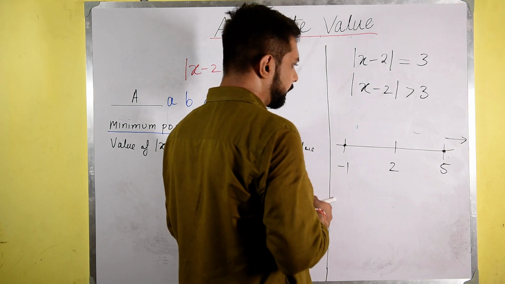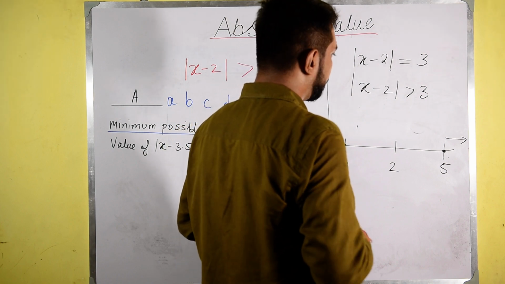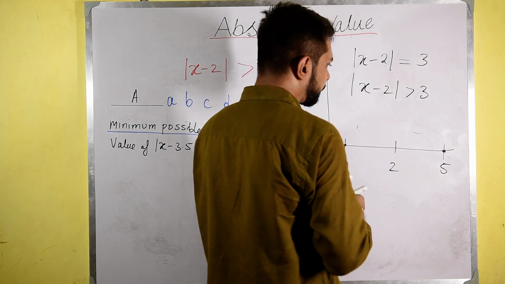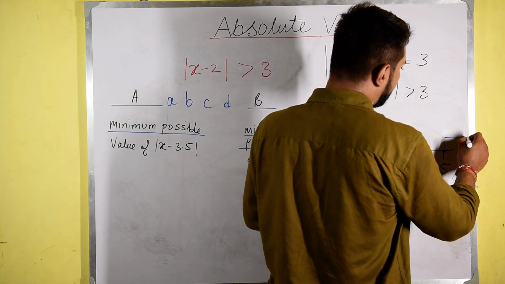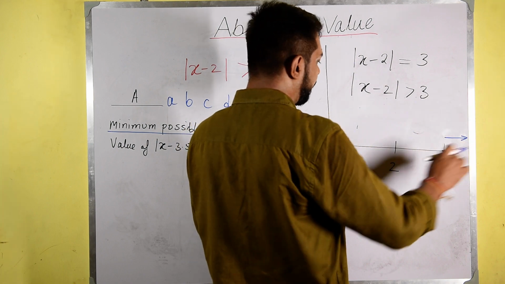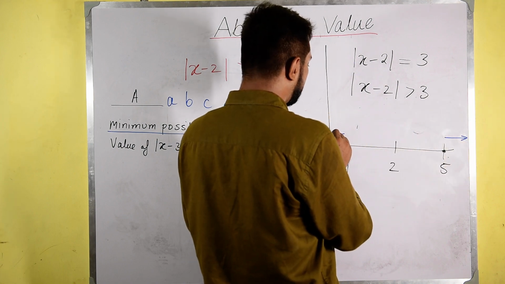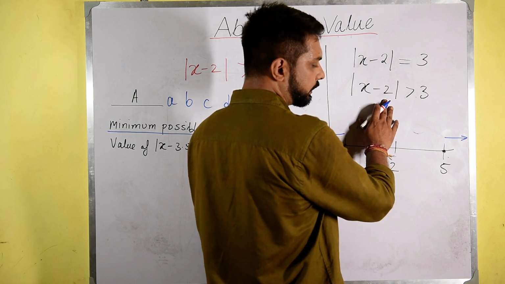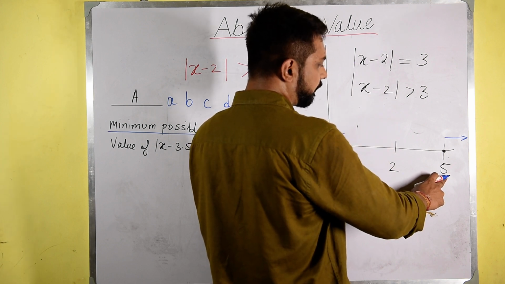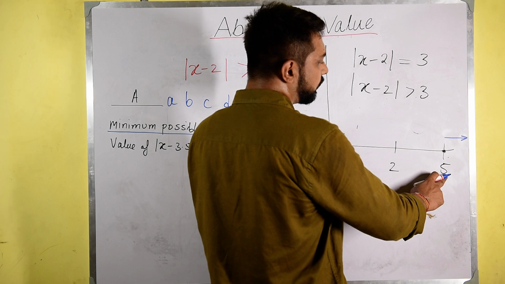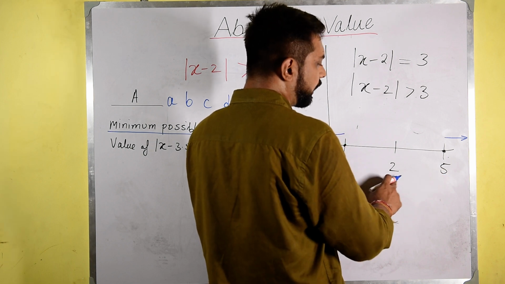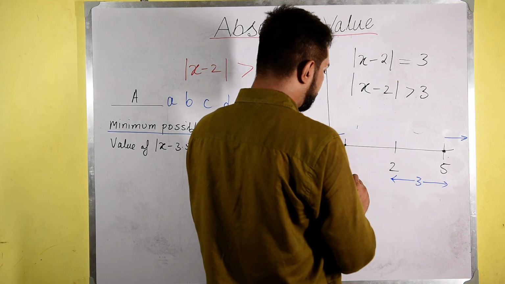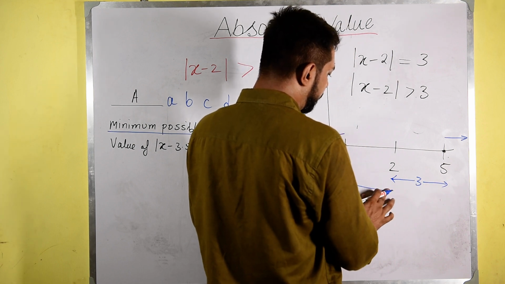Let me use another color pen so that it will be easy for you to understand. Any value greater than 5, or to the right-hand side of 5, or any value to the left-hand side of minus 1 is going to satisfy this condition. I know that points at 5 or minus 1 are at a distance of 3 units from 2, but I am looking for points at a distance more than 3 units.